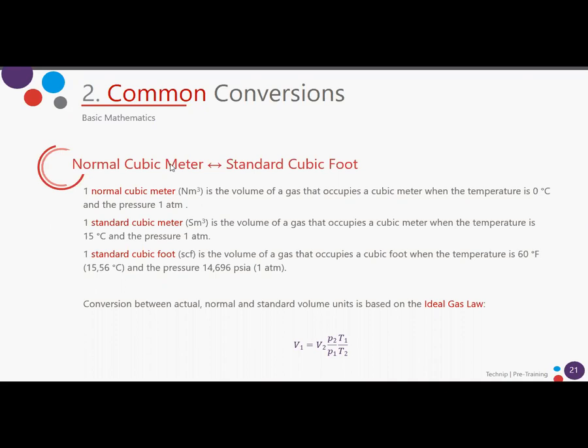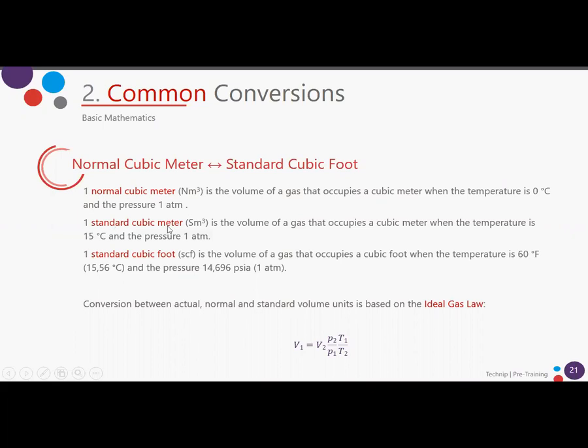So first, the definition is 1 normal cubic meter, also expressed in short form as N cubic meters, is the volume of a gas that occupies a cubic meter when the temperature is 0 degrees and the pressure is 1 atmosphere.